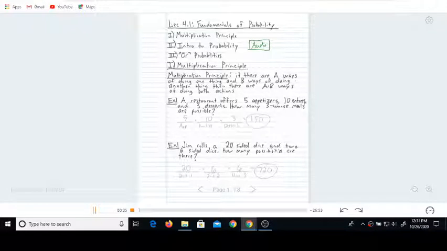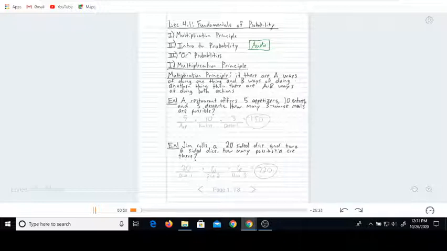Now, the multiplication principle is a counting method, which basically states if there's A ways of doing one thing and B ways of doing another thing, then there are A times B ways of doing both actions. So let's do a couple examples here. A restaurant offers 5 appetizers, 10 entrees, and 3 desserts.